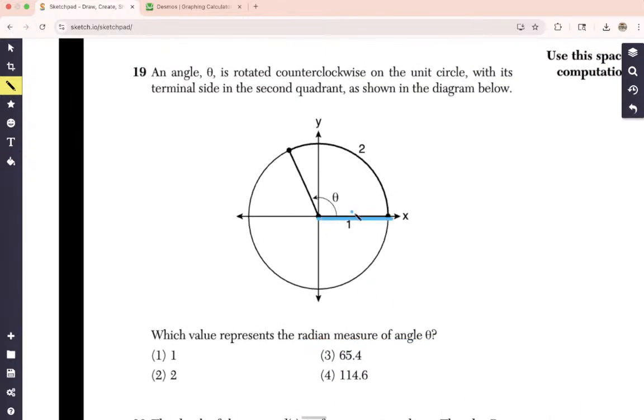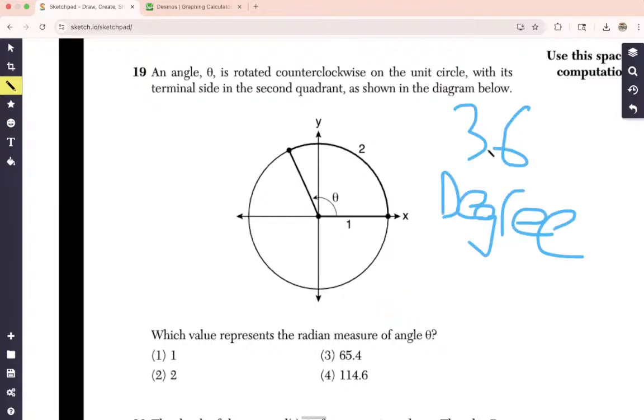Recall that radians are basically another unit for angle measurement, just like degrees. 360 degrees, that's an angle measurement. Well, you also have radians.